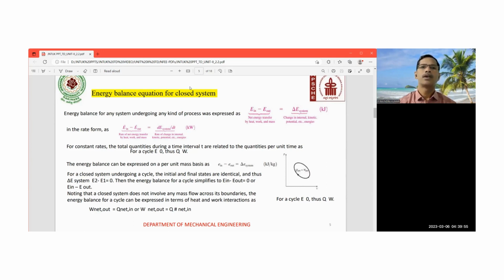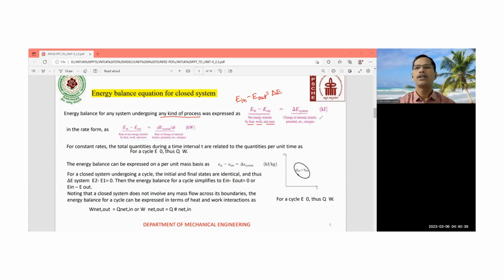That is the energy balance for a system undergoing any kind of process. Observe whether it is a constant pressure process, constant volume, isothermal, adiabatic, or polytropic. The first and foremost thing you have to write is the amount of energy entering, energy in, and the amount of energy leaving. Finally, what is the total energy content in the system? So, the net energy transfer by heat, work, and mass.